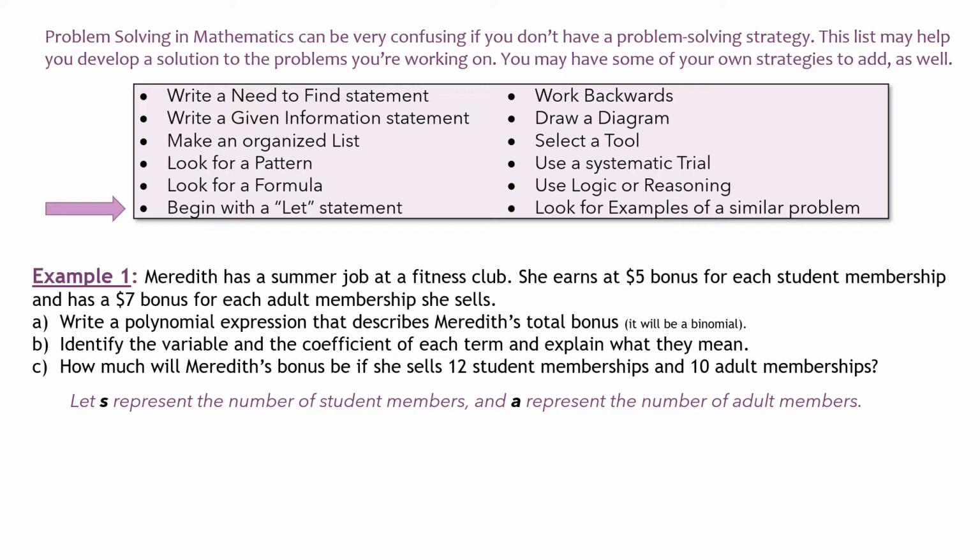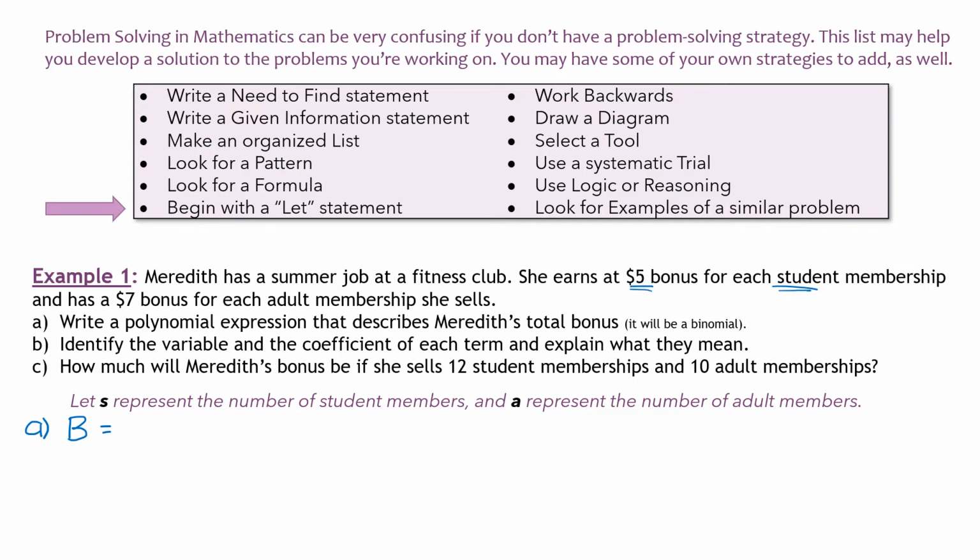So for part A, we want to describe her total bonus. Her total bonus is going to equal, let's just put a B here for bonus. You can put a T, doesn't matter. Really what I'm concerned about is the expression that comes after it. Her total bonus is equal to, so for each student she sells, she gets $5.